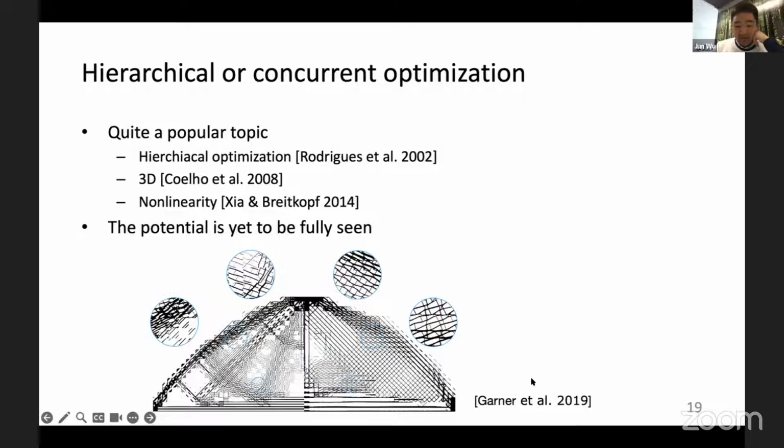With this compound formulation proposed by Gardner, the connectivity is improved, but it still looks a bit weird. There is still too much variation in the curvature. My personal opinion is that the hierarchical approach has the potential to improve speed, but the full potential is still to be validated.